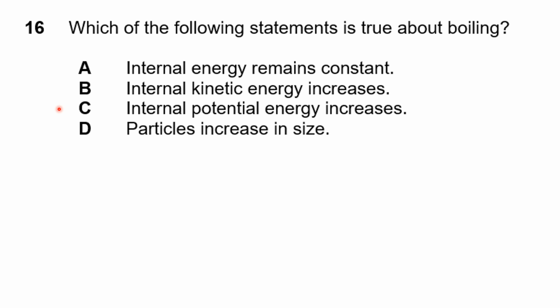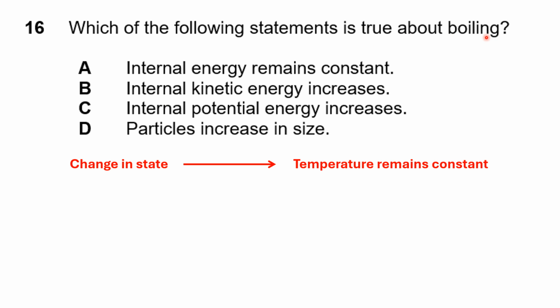Now, for boiling, we are looking at what the different energies are, or in the case of option D, how the particles behave. For boiling, we know that there is a change in state. And we also learned that during a change in state, the temperature remains constant. That is why we can define a boiling point or a melting point for the changes of state from liquid to gas or solid to liquid, respectively.